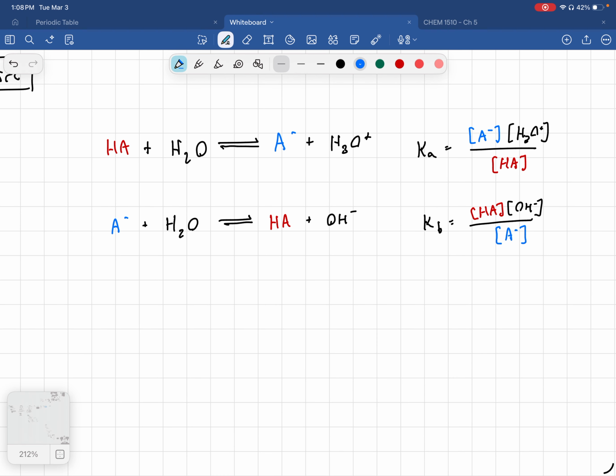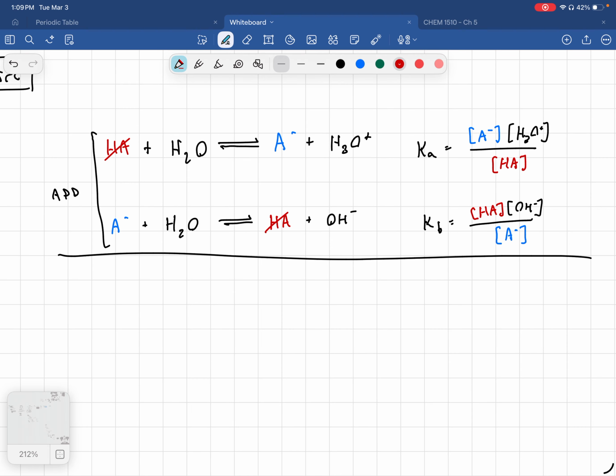Now, what I want to show you here is if we add these reactions together, first of all, the HAs will cancel and the A minuses will cancel. What we get is 2H2O in equilibrium with H3O plus and OH minus.